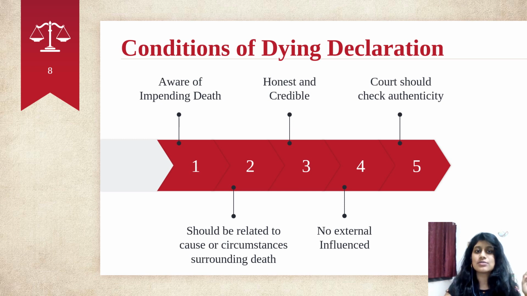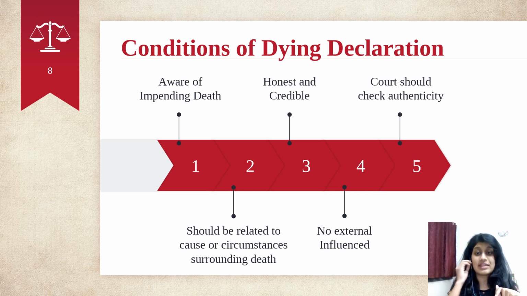This is also to ensure that the declarant is of sound mind to identify the perpetrators of the crime or to explain the cause of how they died. So they have to be honest, they have to be credible. Next, there cannot be any external influence. So this means that nobody can have tutored them, nobody can have prompted them, and nobody can have coerced them into giving such a statement.